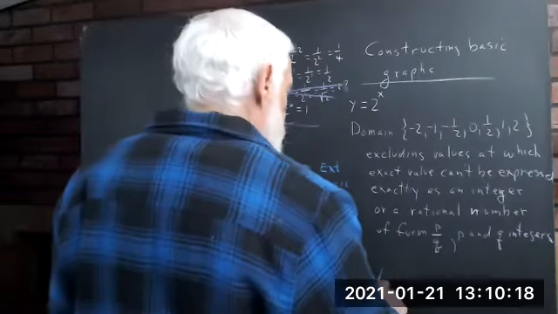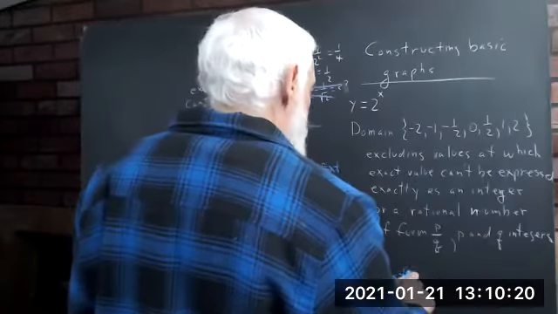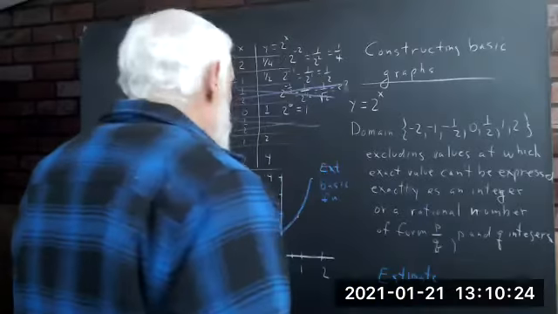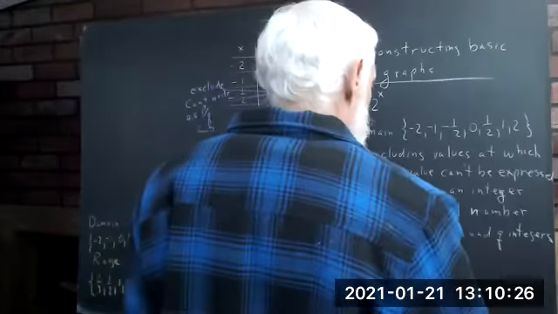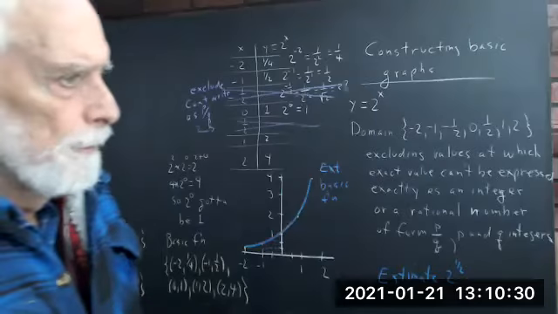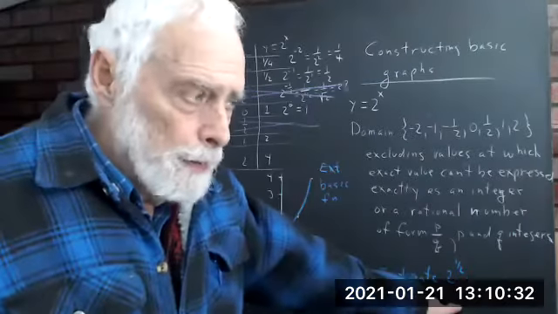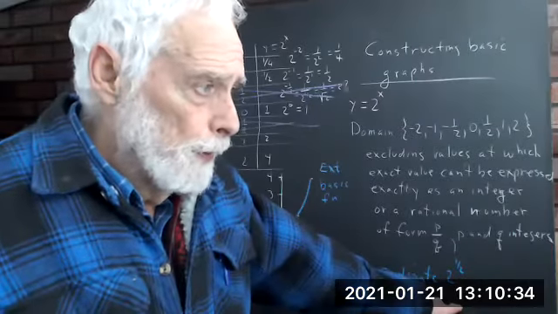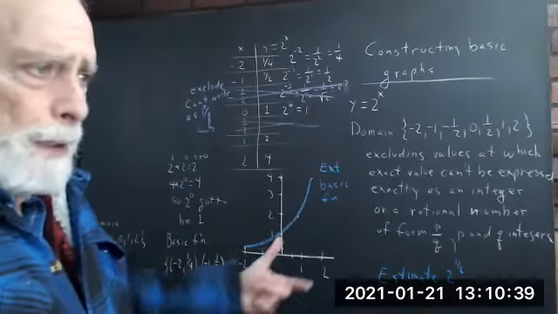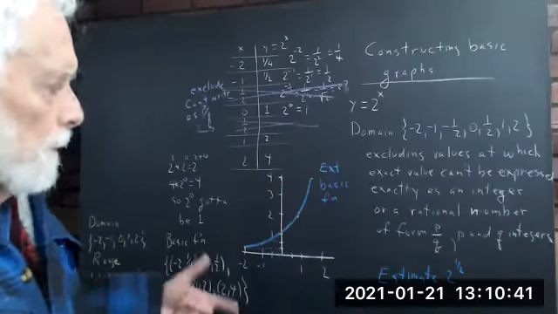Okay, I'm gonna write it down here. We need to estimate 2 to the 1/2. You can't calculate it exactly as a p over q or as a decimal number, but you can estimate it, and you can estimate it as a decimal number.